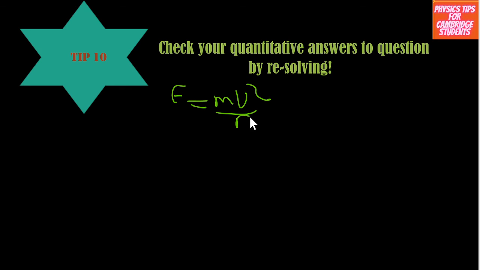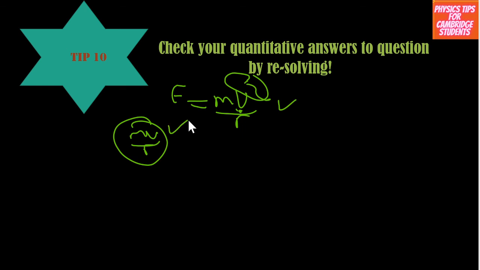Sometimes you forget to square the v. So resolve the question by making sure that v has been squared, because some candidates will just leave it as mv over r on the calculator. You write the correct formula, but on the calculator itself, you forget to square v. So resolving will help you identify that error.